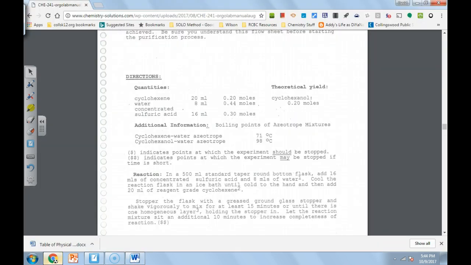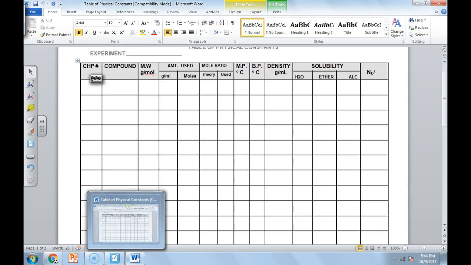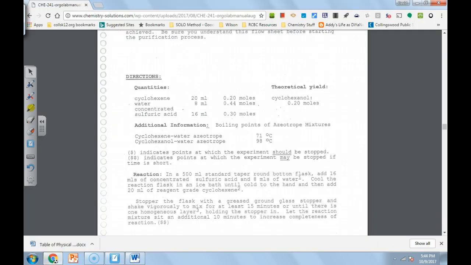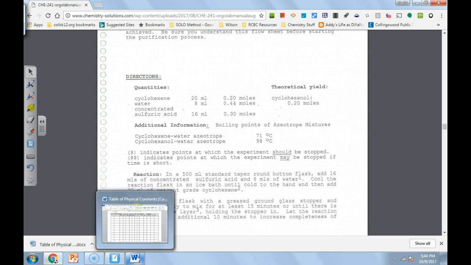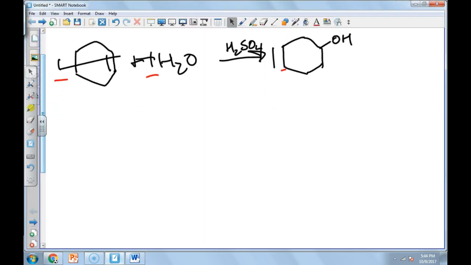But what we actually have, and this is this column right here, the used column, is 0.2 moles, 0.44 moles, and 0.3 moles. So we're going to go back here to our calculation.